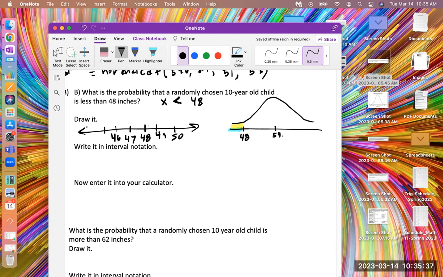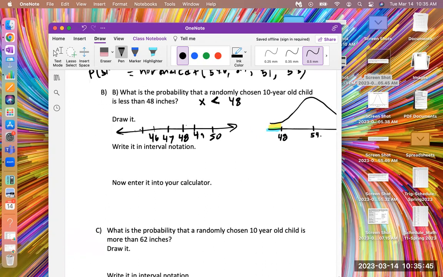Okay. So if we go from 46 and keep getting smaller, 45, we're going to eventually get to 0. And after that, we're going to eventually get to negative infinity.